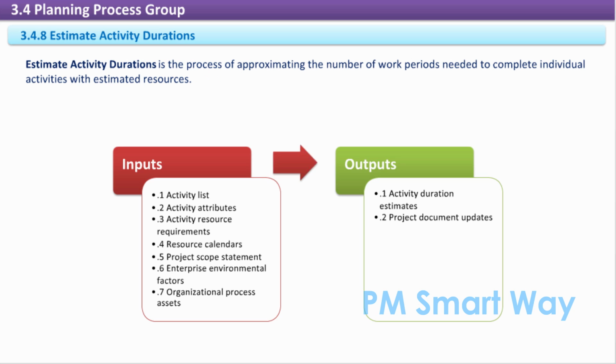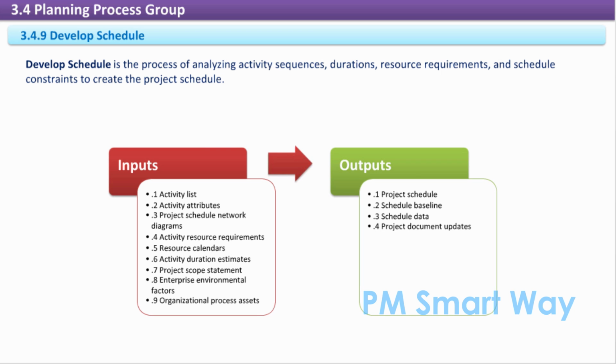Estimate activity durations. Estimate activity durations is the process of approximating the number of work periods needed to complete individual activities with estimated resources. Develop schedule. Develop schedule is the process of analyzing activity sequences, durations, resource requirements, and schedule constraints to create the project schedule.